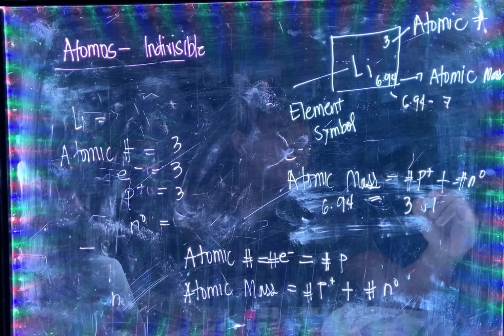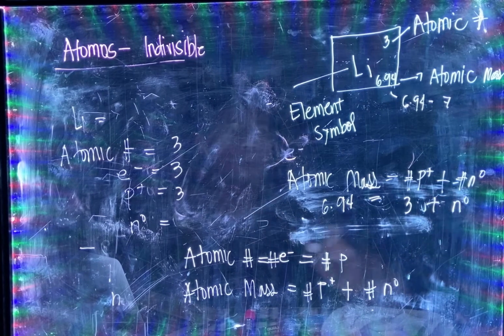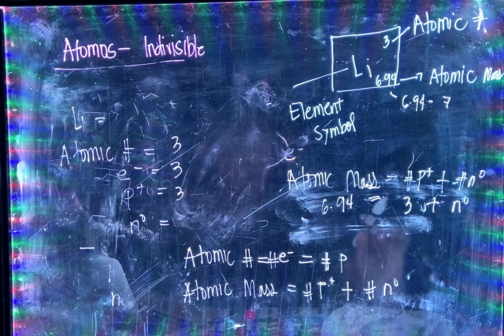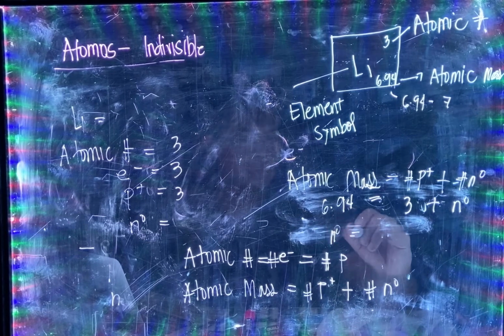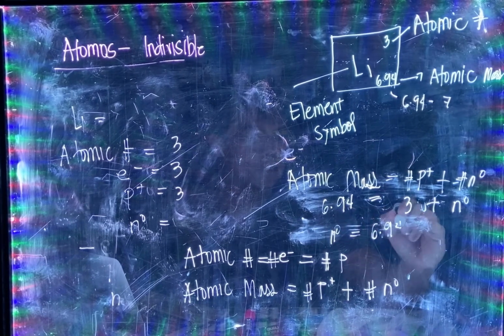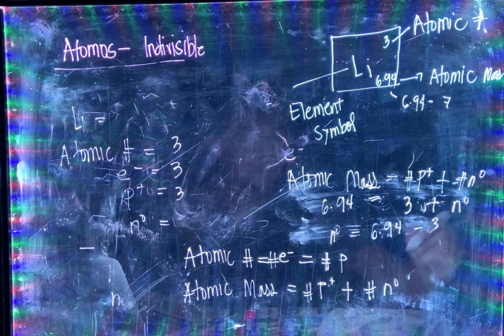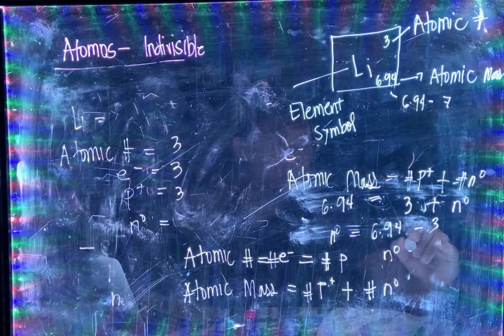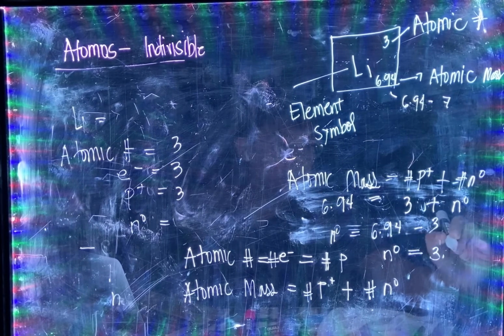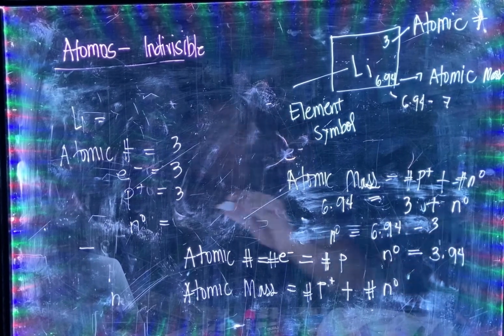And we are looking for the value of neutron. So all we need is to subtract, right? So neutron is equal to 6.94 minus 3. Thereafter, the number of neutrons is equal to 3.94.